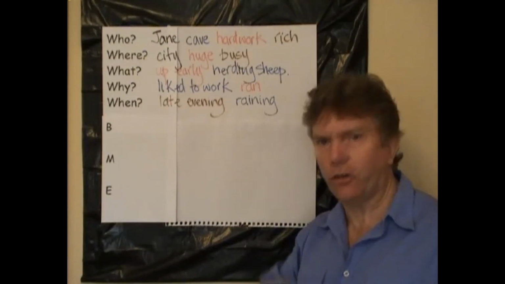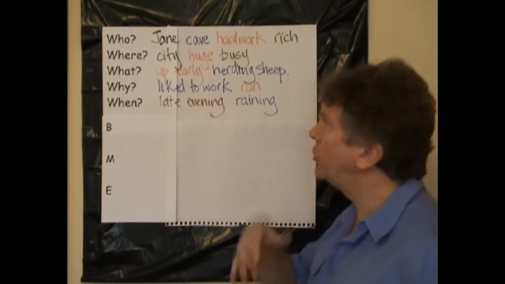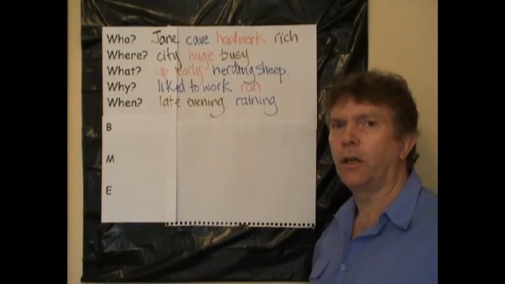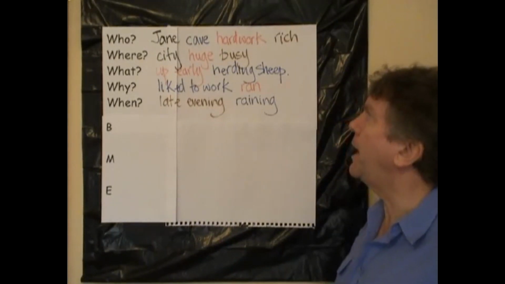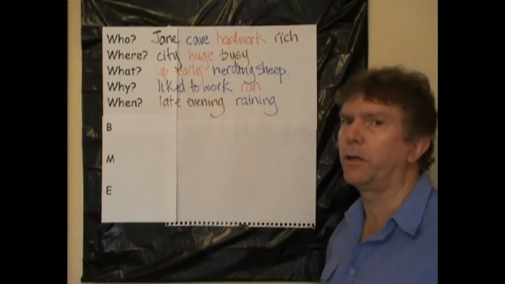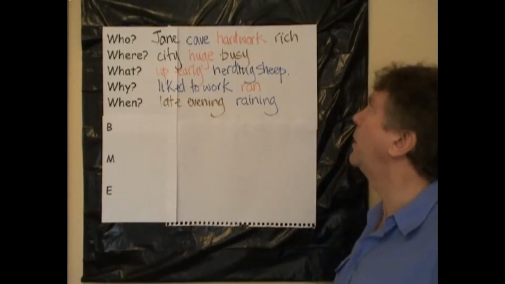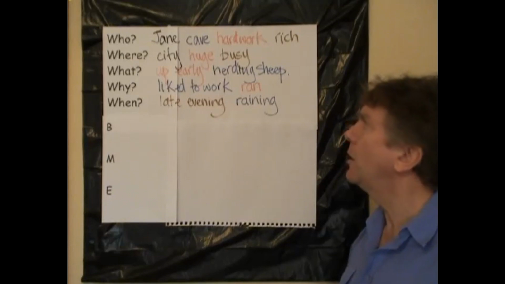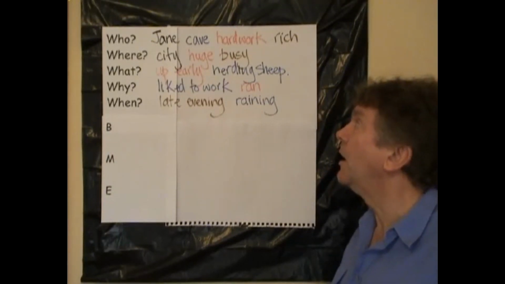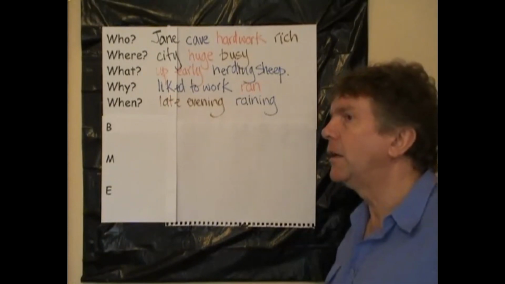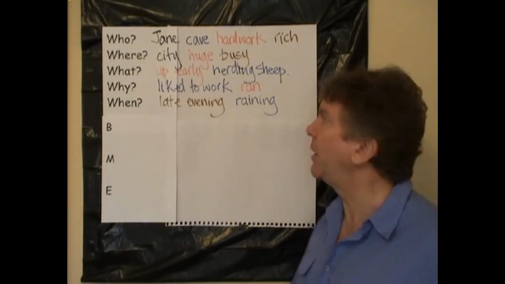So straight away, just by taking the story, turning it on its head, you've got this as a part of the story. Jane lived in a cave and always worked hard, and for all of her hard work she found that she was rich. Right beside where she lived there was a city, a huge city, where everyone was busy. But Jane would get up early.